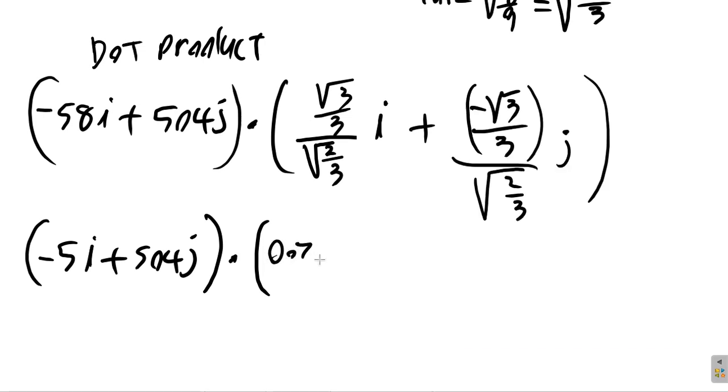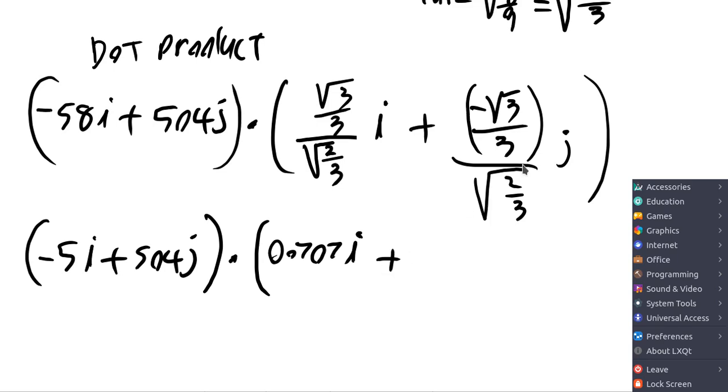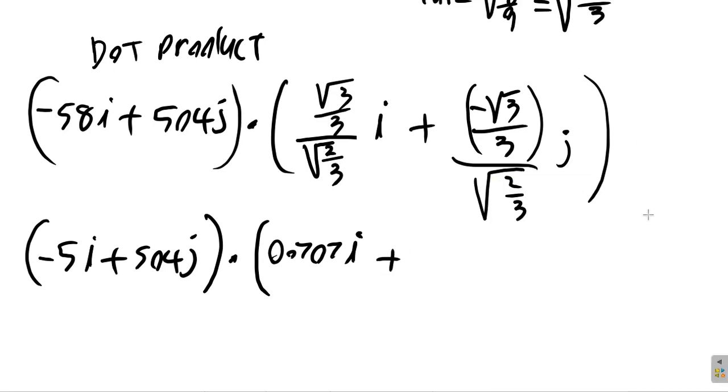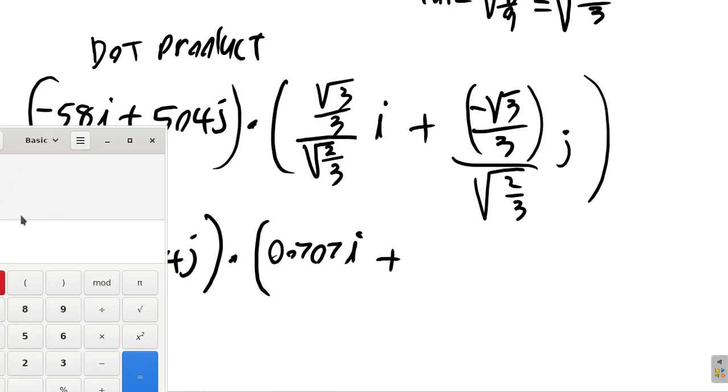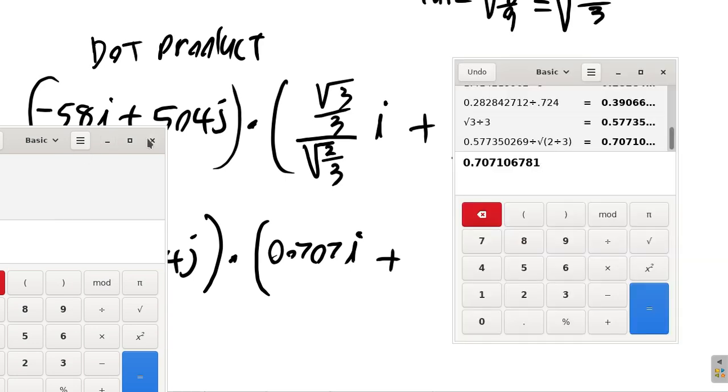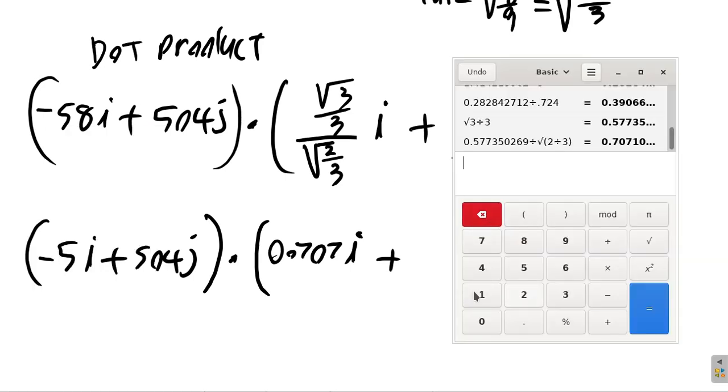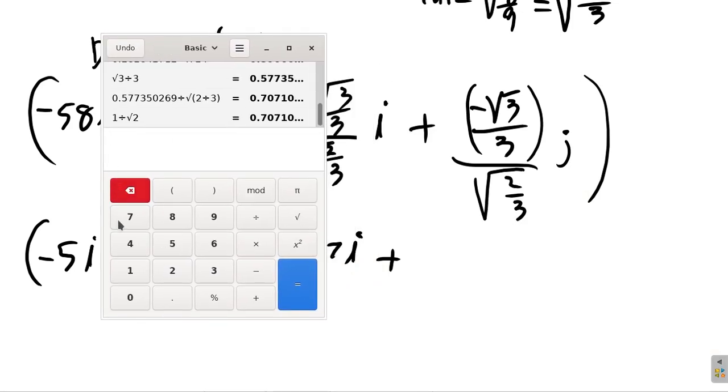So 0.707i plus, it would be interesting to see what the other part is going to turn out to be. As you remember, 0.707 is the same as 1 over the square root of 2. Right, it's really 1 over square root of 2. But let's see this part. There's a negative there, we have to remember. But the square root of 3 divided by 3 is that.